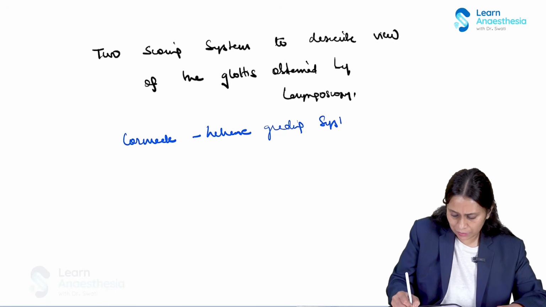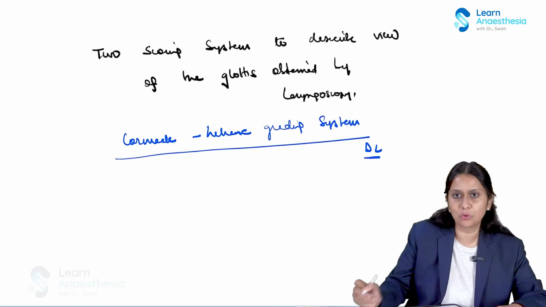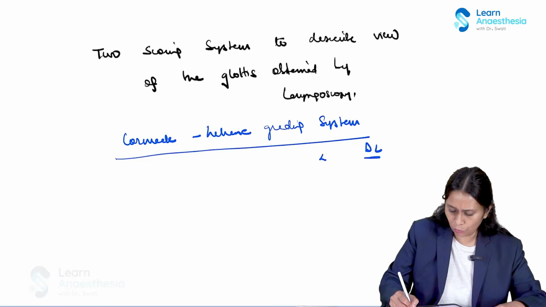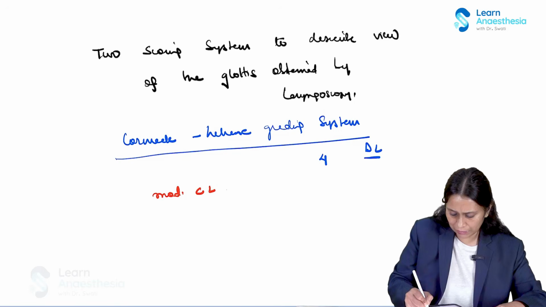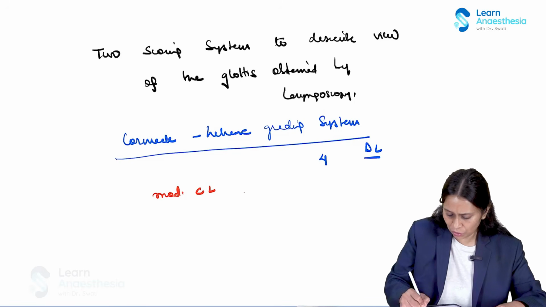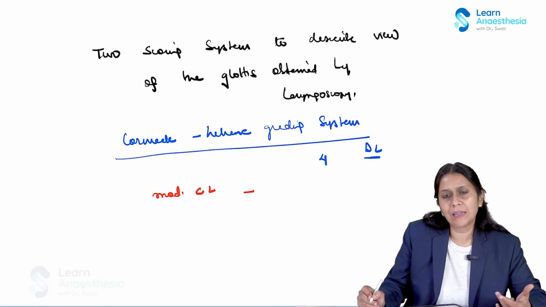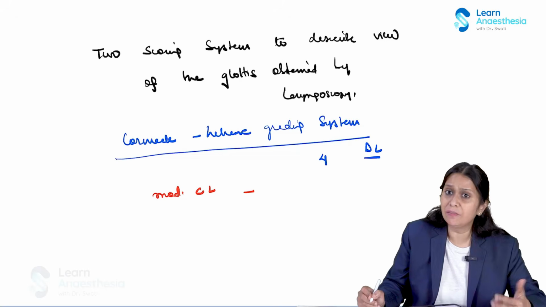Now this was described in direct laryngoscopy, and the original Cormack-Lehane grading system has 4 grades. Later on, it was modified to the modified Cormack-Lehane grading system, in which one of the grades was divided into 2 more grades, which we'll talk about, and then a further modification.